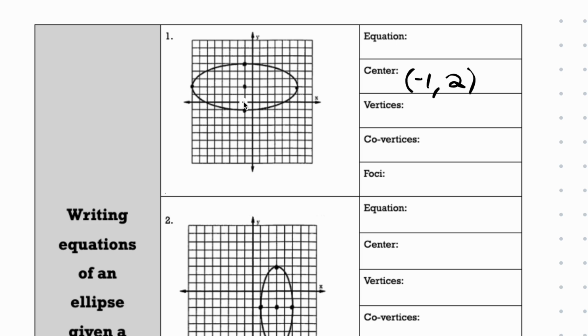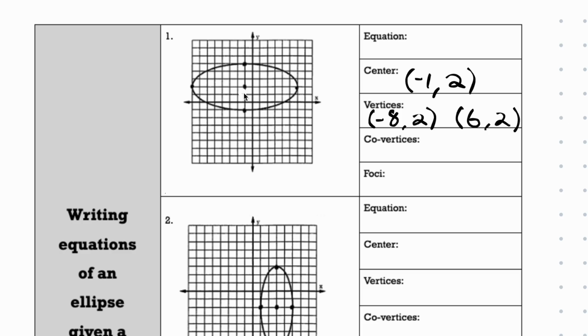And here we see it's, I assume, negative 10. No, it's negative 8. So it's going to be negative 8, 2. The other one is going to be 6, 2.